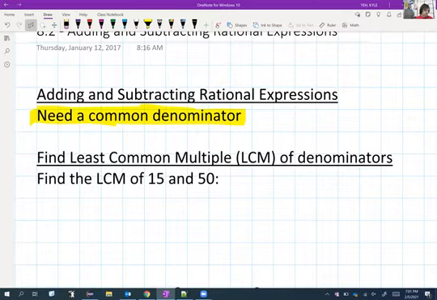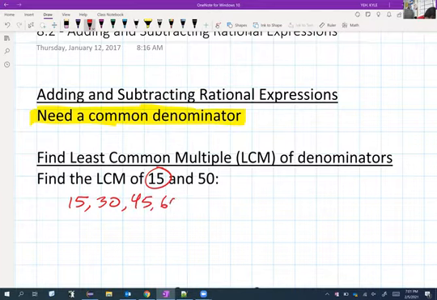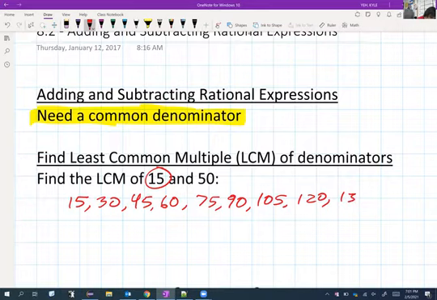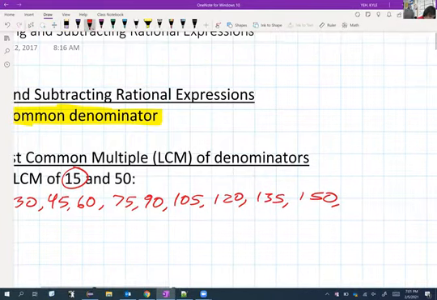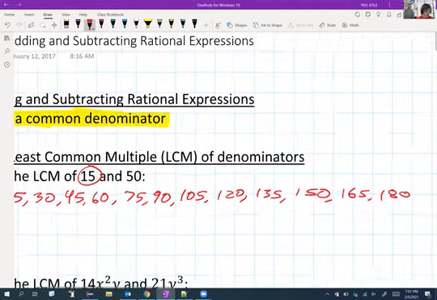Now, one way to do this would be to say, okay, well, 15 has 15, 30, 45, 60, 75, 90, 105, 120, 135, 150, 165, 180, and just list out a bunch of these.